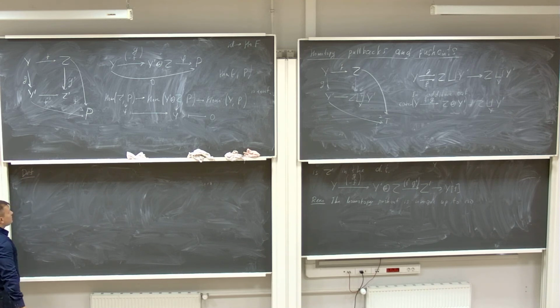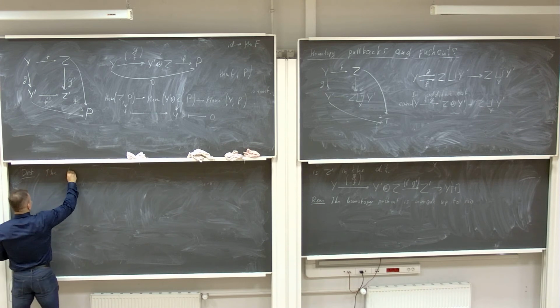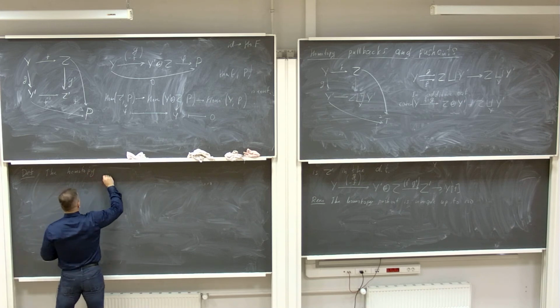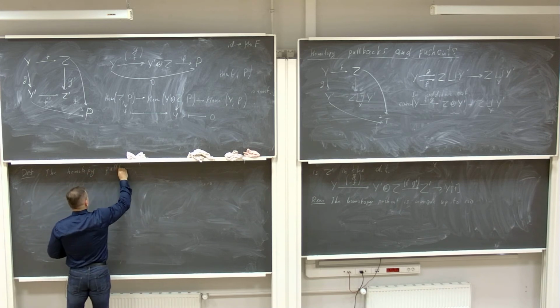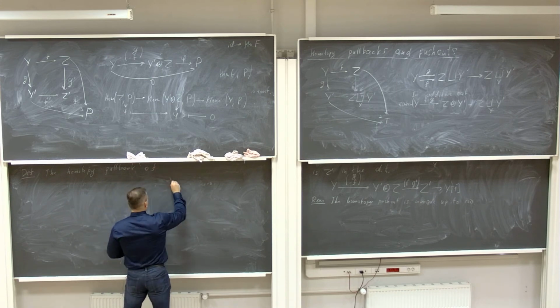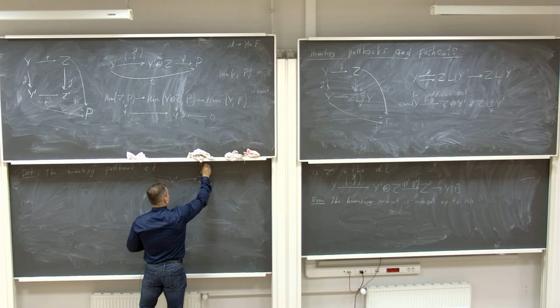Okay. Definition. Now I need to repeat this story not for homotopy pushouts, but for homotopy pullbacks. So the homotopy pullback of the diagram, now I have y prime mapped to z prime, and there's also a map from z to z prime.